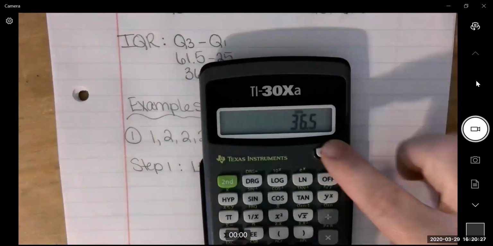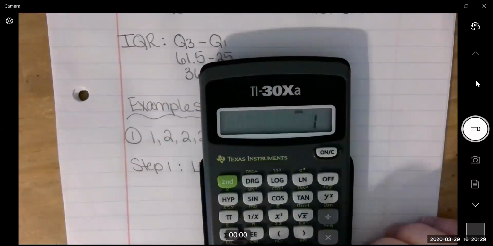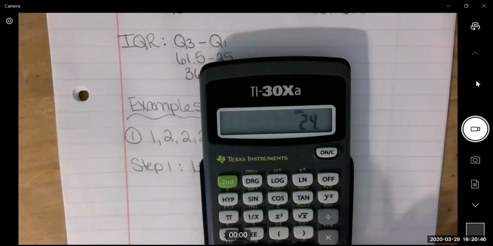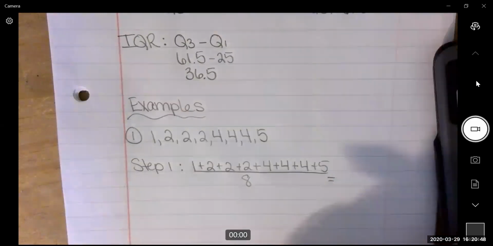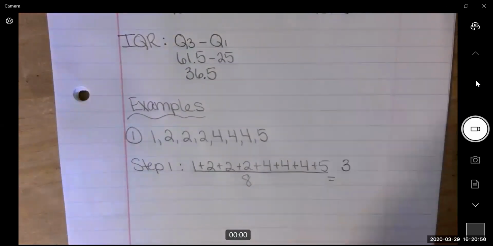So we've got 1 plus 2 plus 2 plus 2 plus 4 plus 4 plus 4 plus 5, and that's 24. And remember we said we had 8 pieces of data. So 24 divided by 8 is 3. So that's step 1. That's the mean.